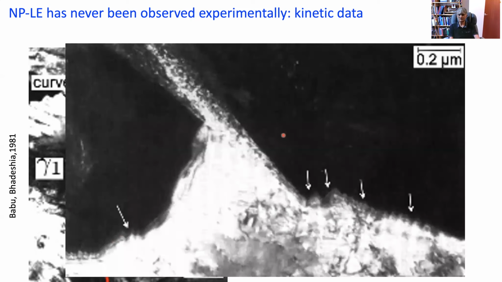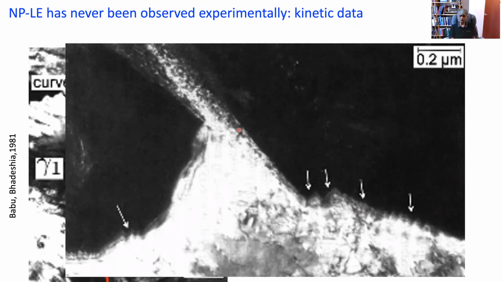And if I blow this up, there's a ledge mechanism and so on. So the comparison between growth data on allotriomorphs and theory is fraught with difficulties, all right? Because the structure of the interface and the topology of the interface are simply not taken into account.